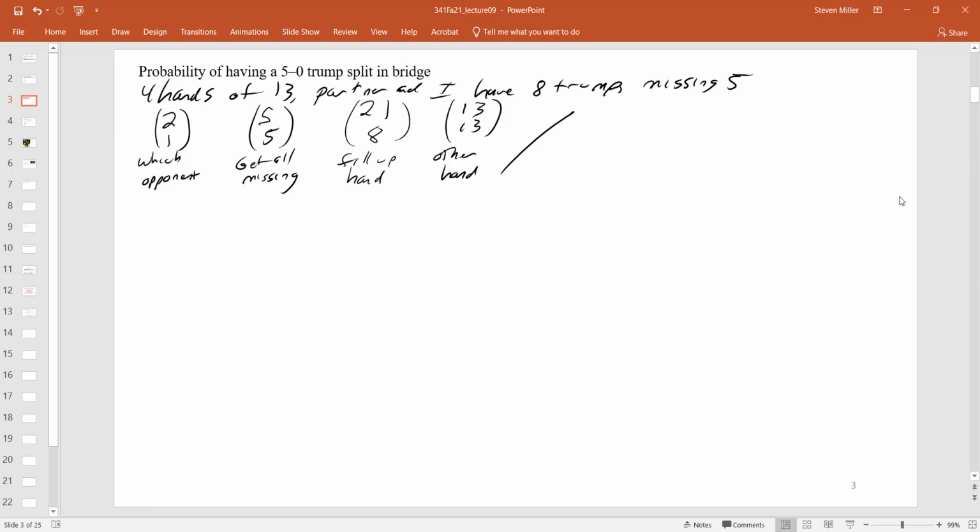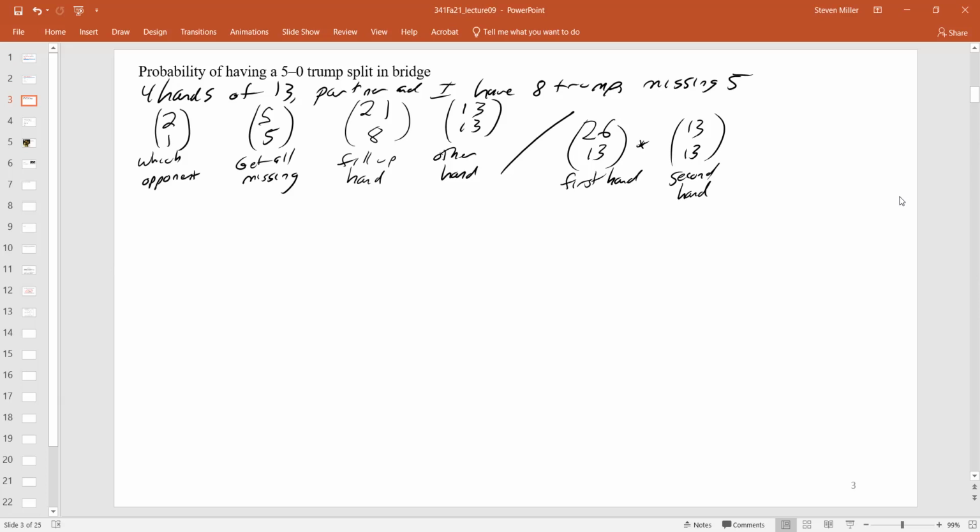So 26 choose 13, first hand, times 13 choose 13. We've got to be very careful about, are we introducing order or not order? I start off by saying which opponent. So I have first opponent, second opponent, and I've got first hand, second hand. So this looks good to me. So this is one way to calculate the probability that one person has all 5 missing trump.